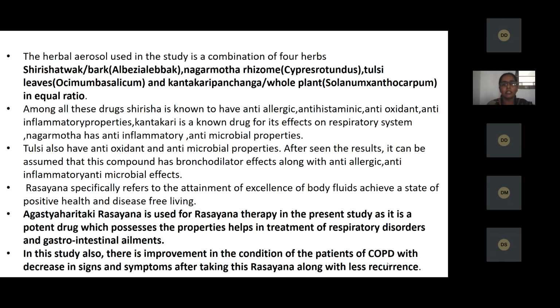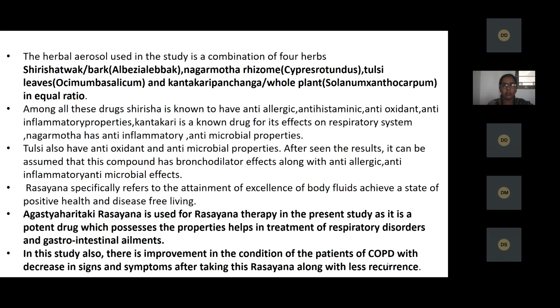Kantakari is known for its effects on the respiratory system. Nagarmotha has anti-inflammatory and antimicrobial properties. Tulsi also has antioxidant and antimicrobial properties. After seeing the result, we can assume that the compound has a bronchodilatory effect along with anti-allergic, anti-inflammatory and antimicrobial effects also.